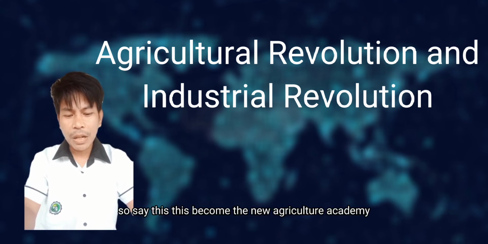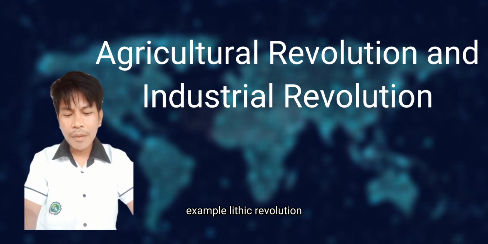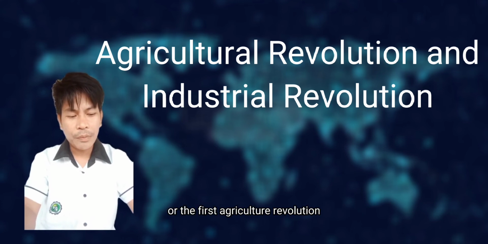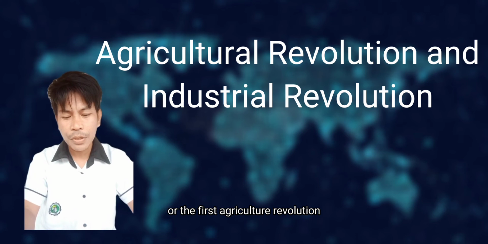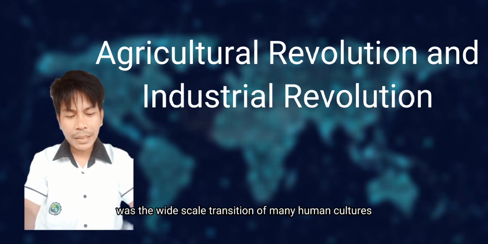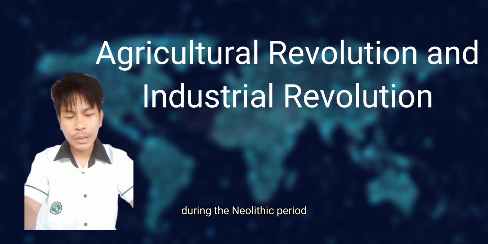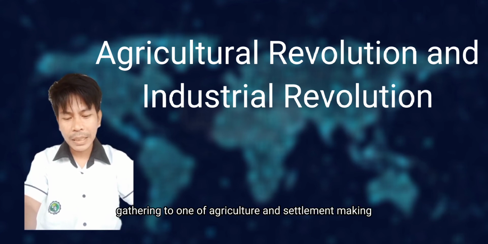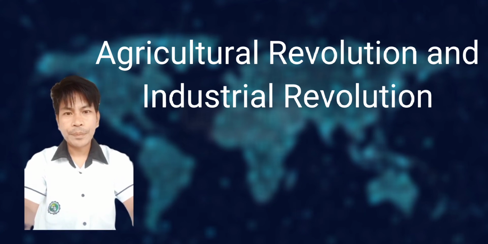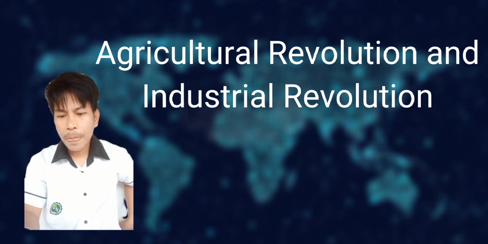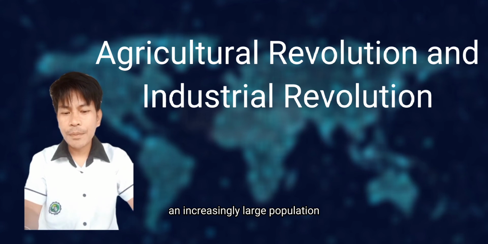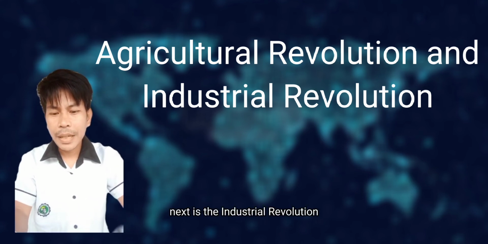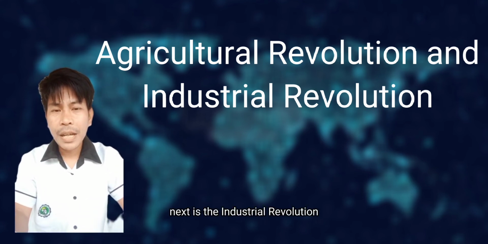This became the new agricultural economy. For example, the Neolithic Revolution, or the first agricultural revolution, was the wide-scale transition of many human cultures during the Neolithic period from a lifestyle of hunting and gathering to one of agriculture and settlement-making, leading to an increasingly large population.